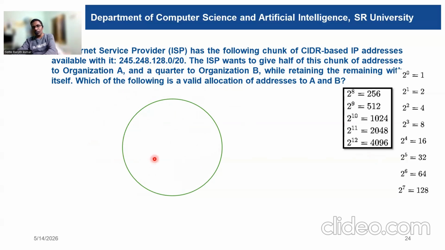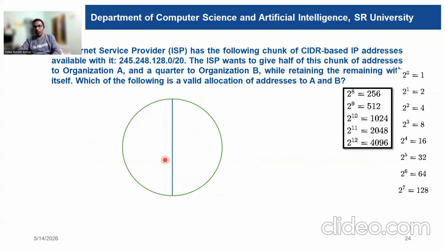Now we are dividing that into two parts. So two parts means 4096 divided into two parts. That is 2048. 2048 means this side 2048, this side 2048.